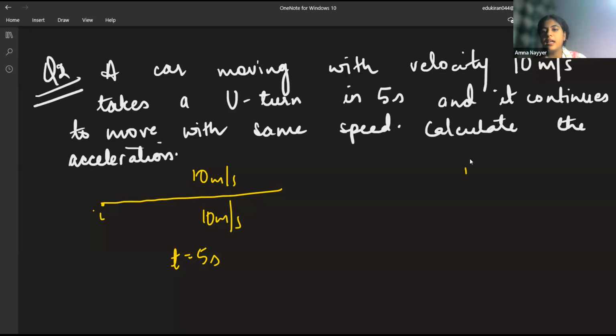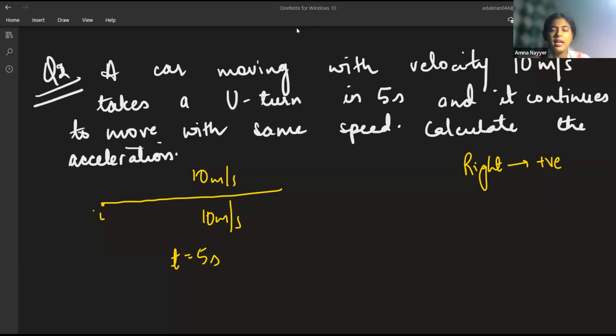Suppose I take the right side as positive. Class, this sign convention will be used a lot when we study motion under gravity, so please be careful with this. From this question, try to learn the concept.